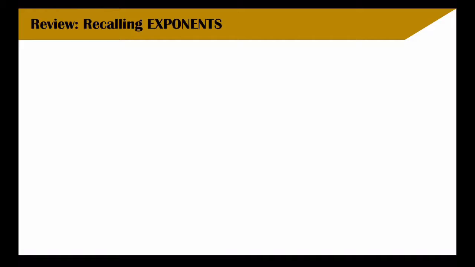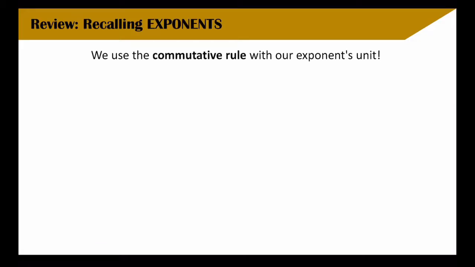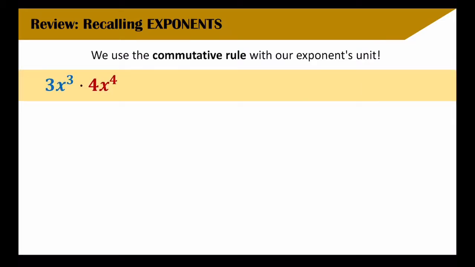All right, now we need to recall exponents. It's been a while. We used the commutative rule with our exponents unit already. So we take a look at 3 times x to the power of 3 times 4 times x to the power of 4. Now, I'm going to use our commutative rule to break apart everything here as a product and put my whole numbers together, my 3 and 4, and put my variables together.